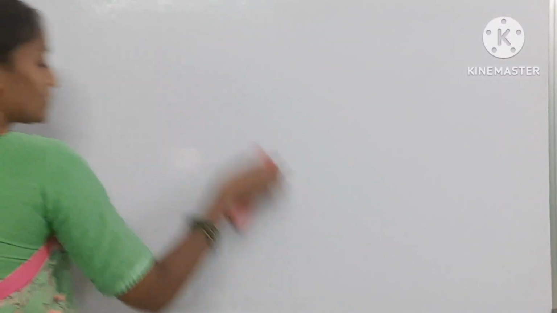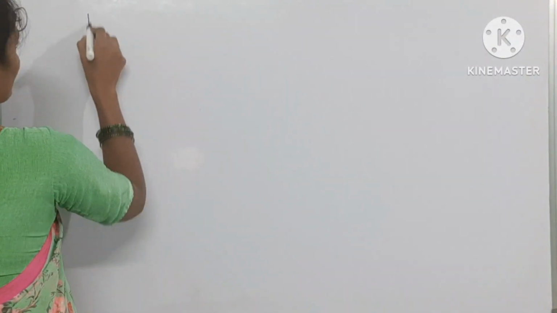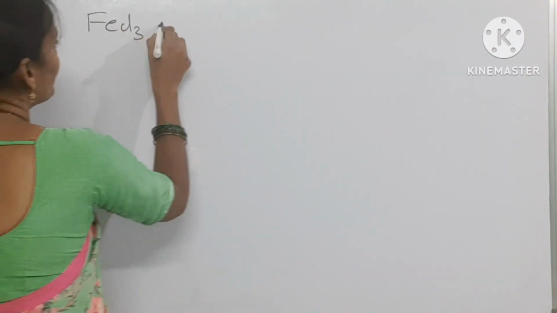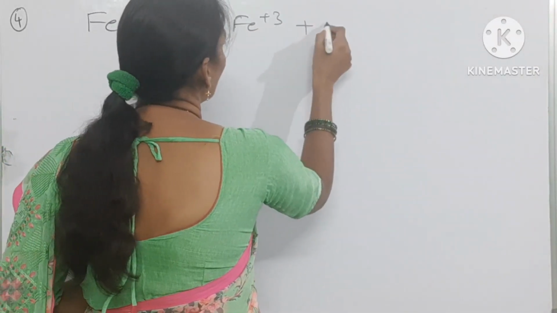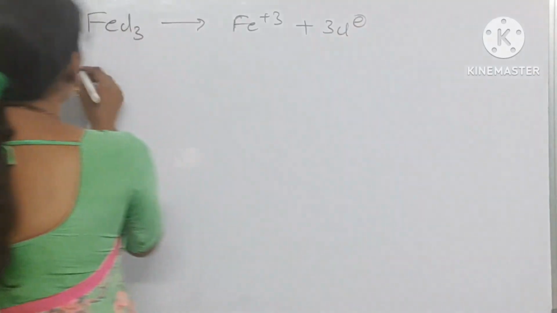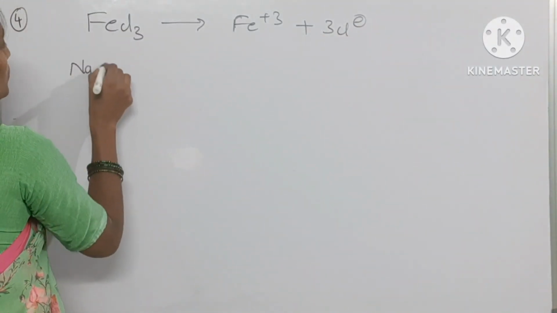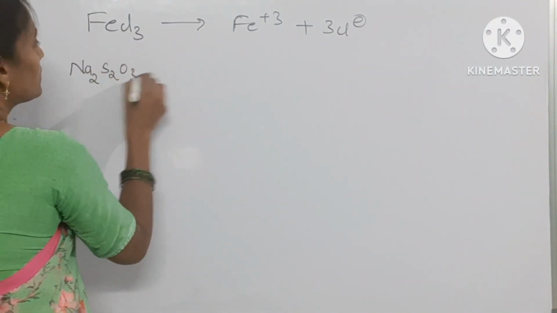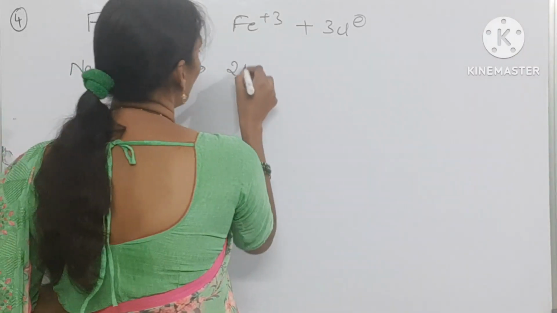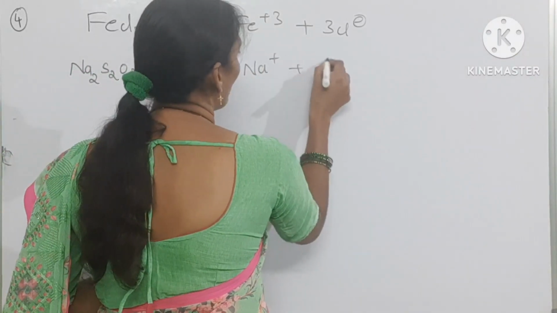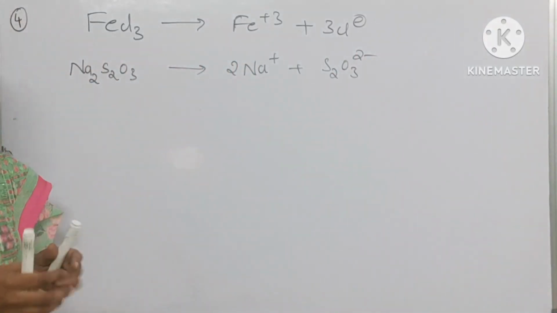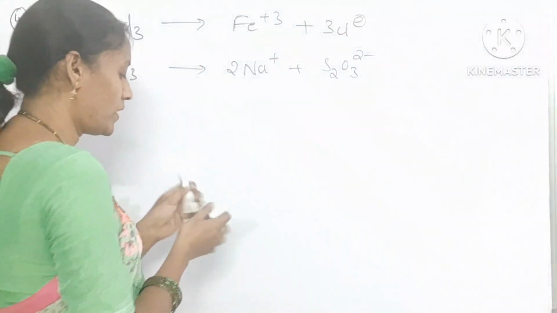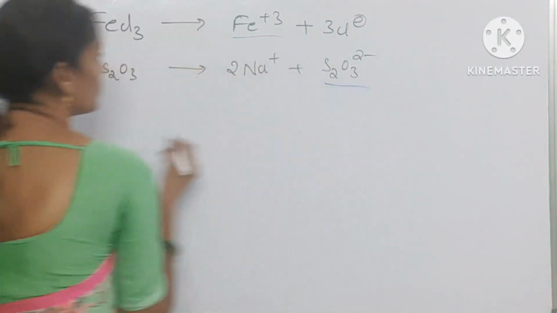Before that, try to understand this: FeCl3 is ionized into Fe plus 3 and chloride ions, and hypo, Na2S2O3, also dissociates to form S2O3 2 minus. These two formed ions are going to react.